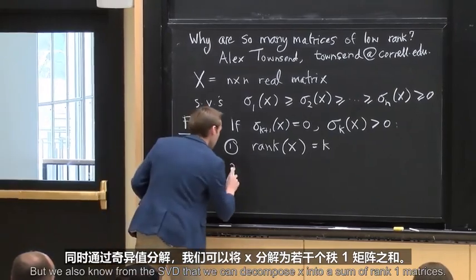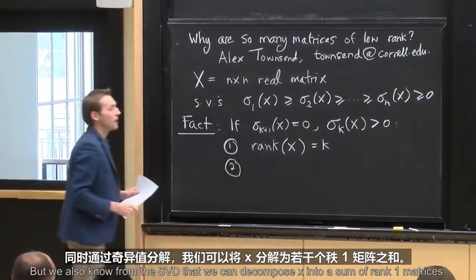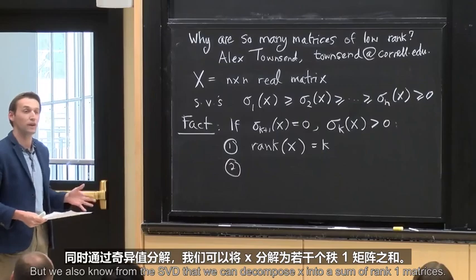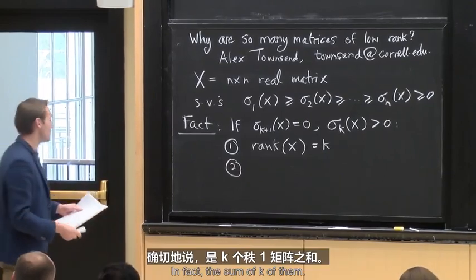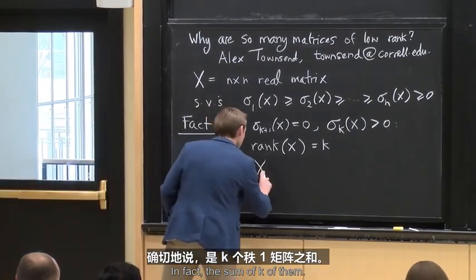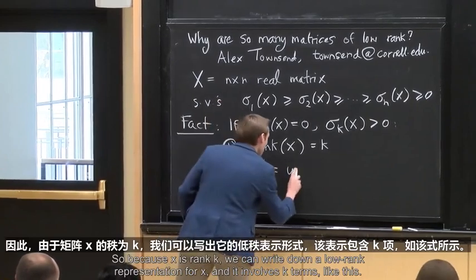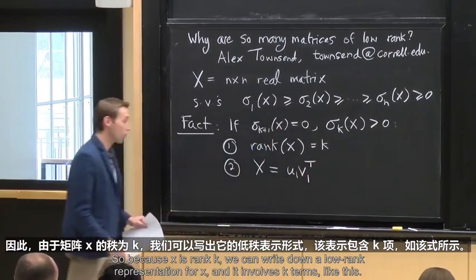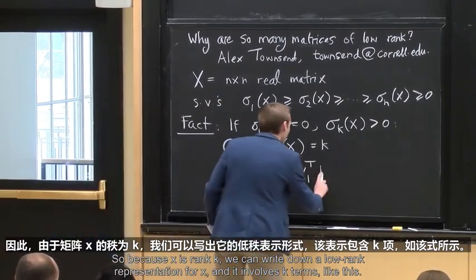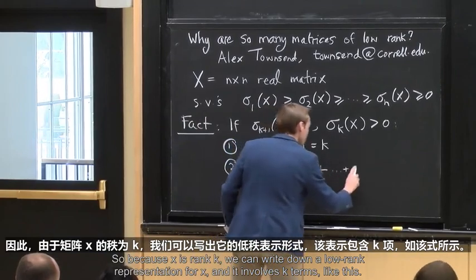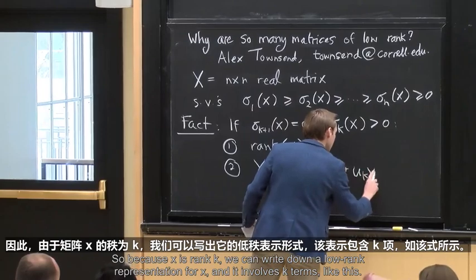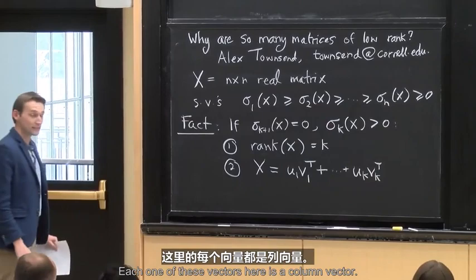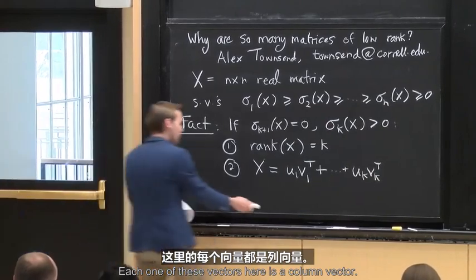But we also know from the SVD that we can decompose X into a sum of rank 1 matrices. In fact, a sum of k of them. So because X is rank k, we can write down a low rank representation for X, and it involves k terms like this. Each one of these vectors here is a column vector.